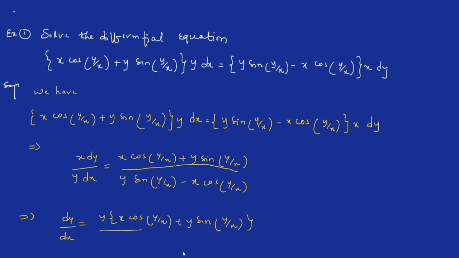The denominator: x into y sin(y/x), sorry, minus it is, y sin(y/x) minus x cos(y/x), close the bracket.